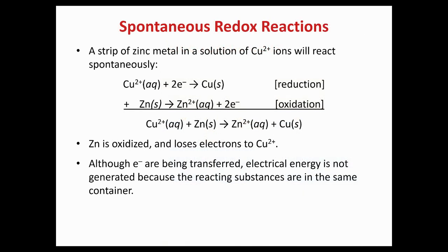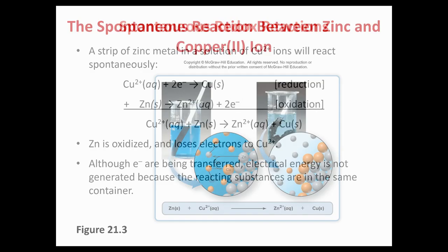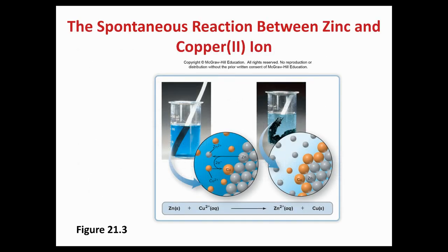Okay, so let me show you this really great graphic here. What this is showing you guys is that we can make a spontaneous reaction between zinc and copper 2. Now here's the interesting part.